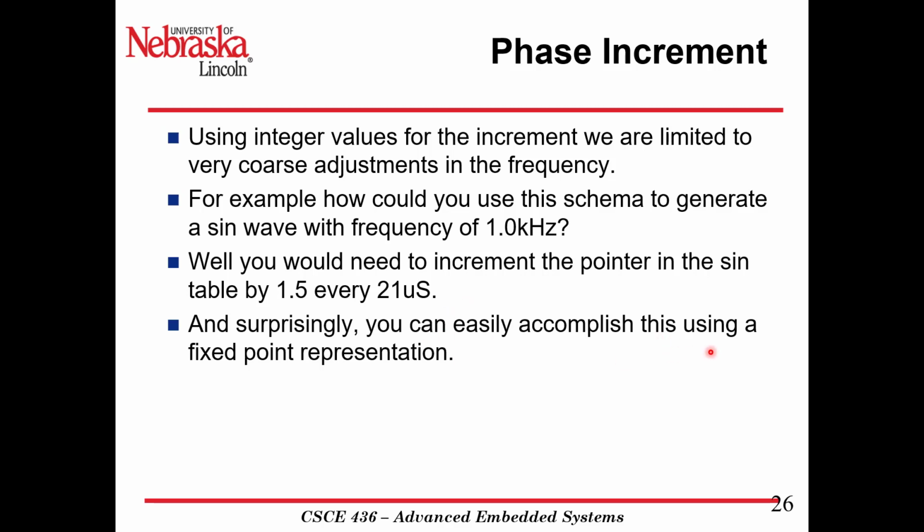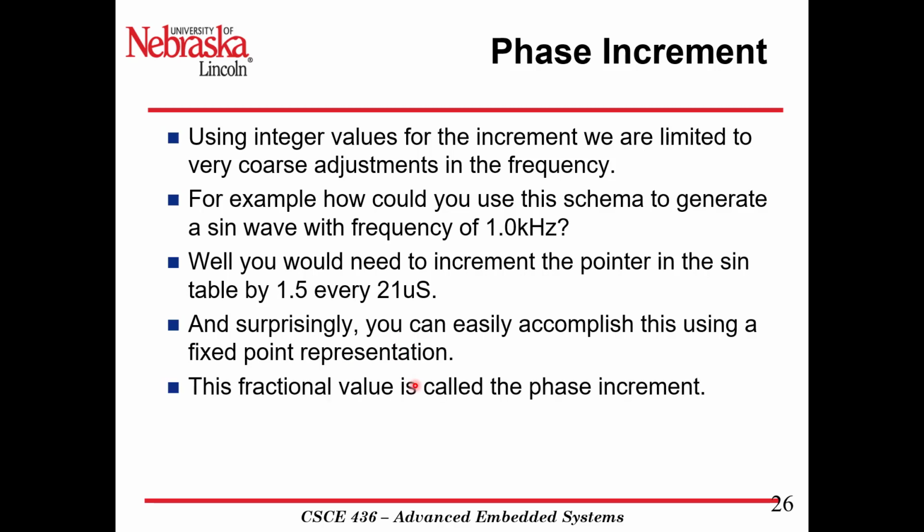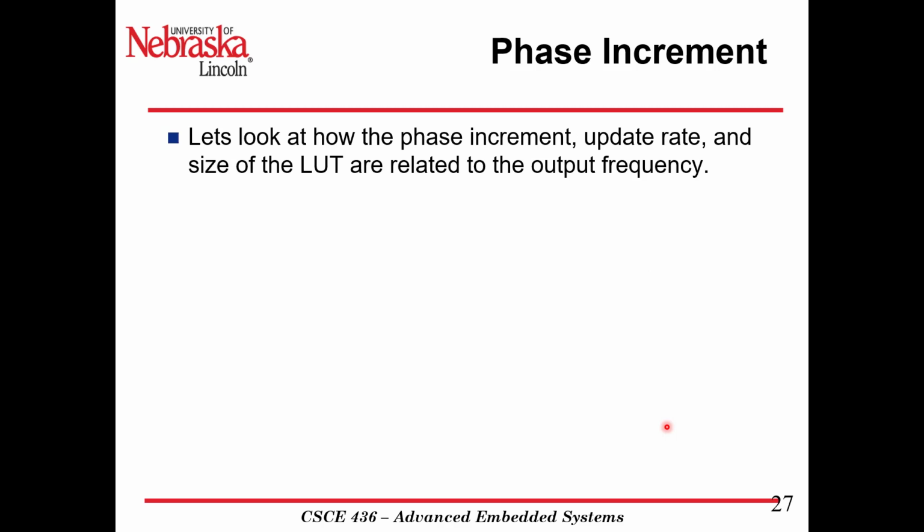This can be easily accomplished with fixed point representation. We just add 1 bit to the right of the decimal binary point. But this fractional value is going to be our phase increment. Fractional phase increment. So let's look at how this looks.